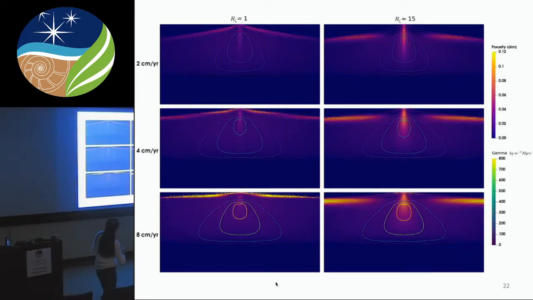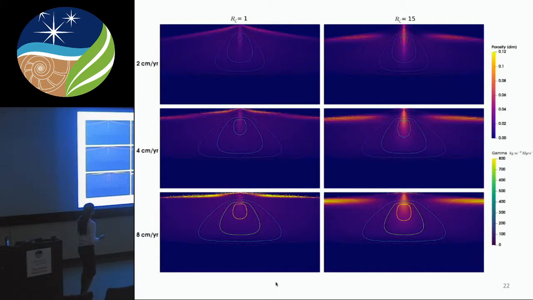And away from it, at about 40, 50 kilometers from the ridge axis, you have melt flow lines moving up and then moving to the side. So that's where there's some pooling of melt before it freezes back into the lithosphere or moves out of the domain. So this is interesting.